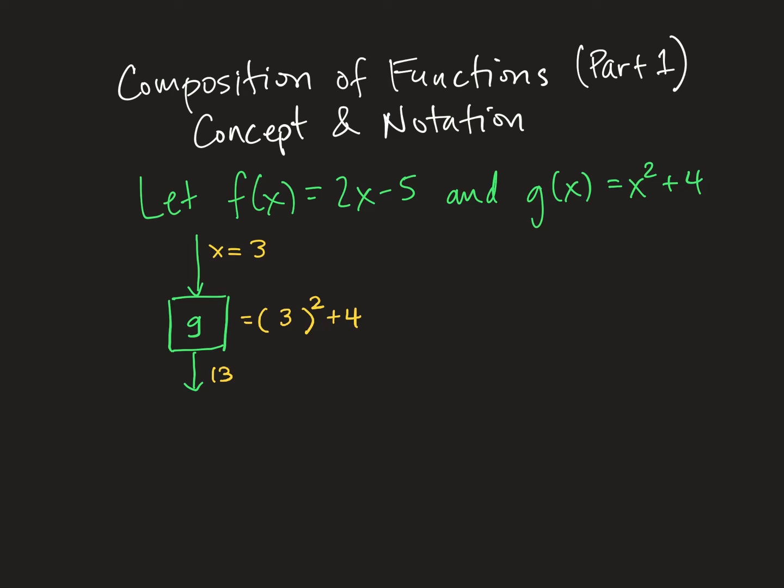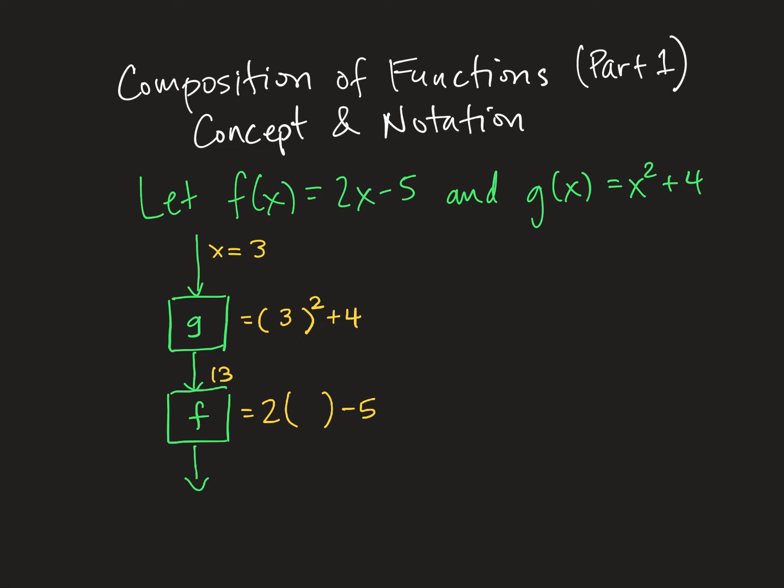That function is going to output something like 13, but then because we're going in sequence, I'm going to take that 13 and I'm then going to plug that into the other function f, and we're going to see what f spits out. So what does f do? f takes the input and multiplies it by 2, and then it subtracts 5.